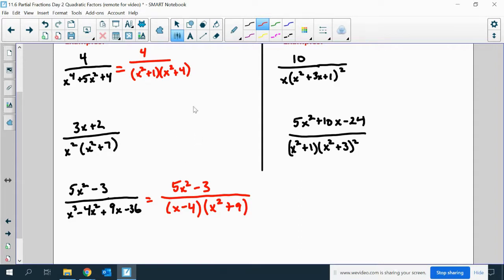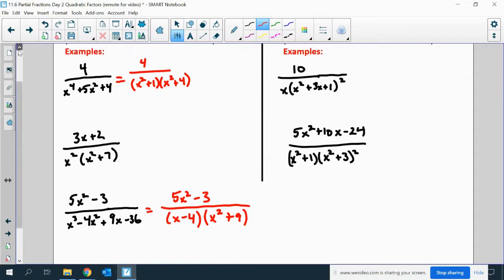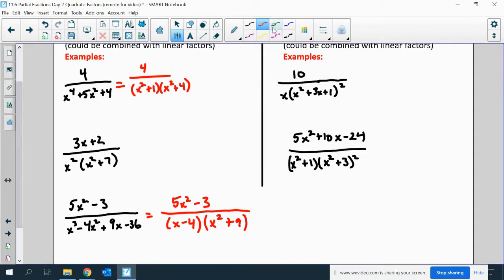But what we would have in this case is, notice that we have these quadratic factors that you can't factor any further. So if you look at x squared plus 1, x squared plus 4, x squared plus 7, x squared plus 9, x squared plus 3 over here, and then x squared plus 3x plus 1. Notice it doesn't just have to be a binomial.